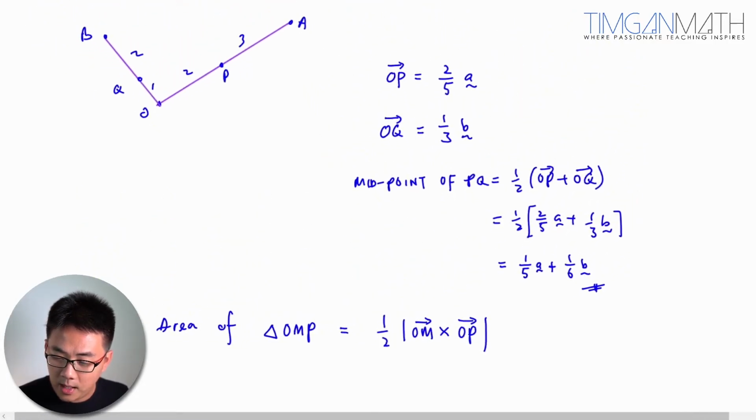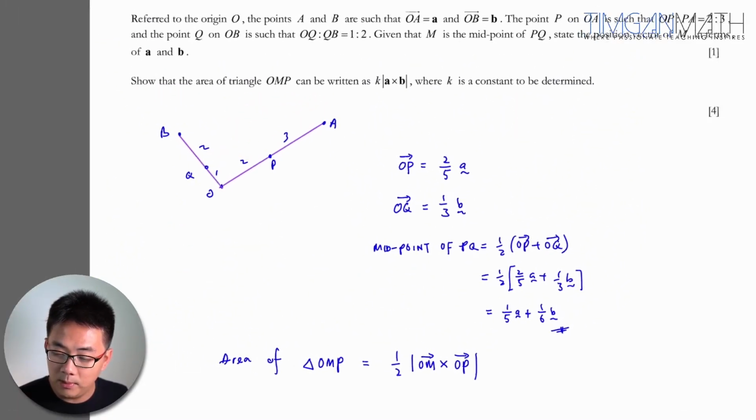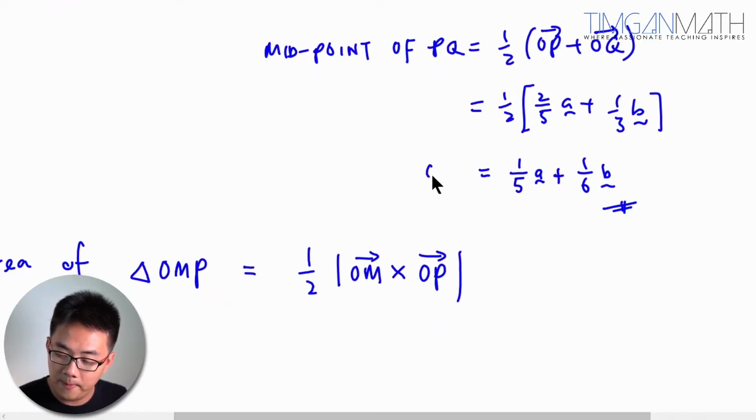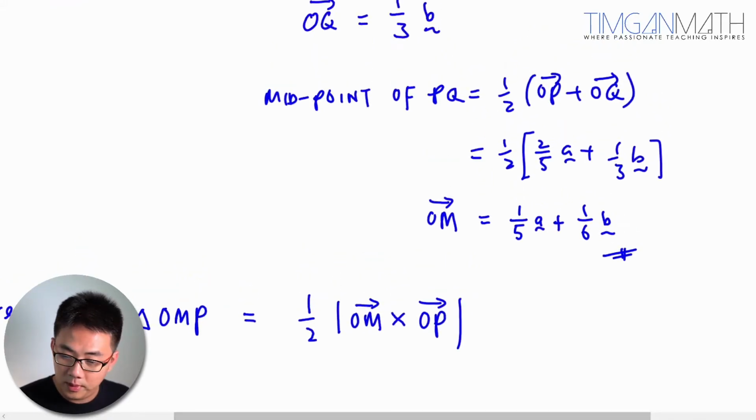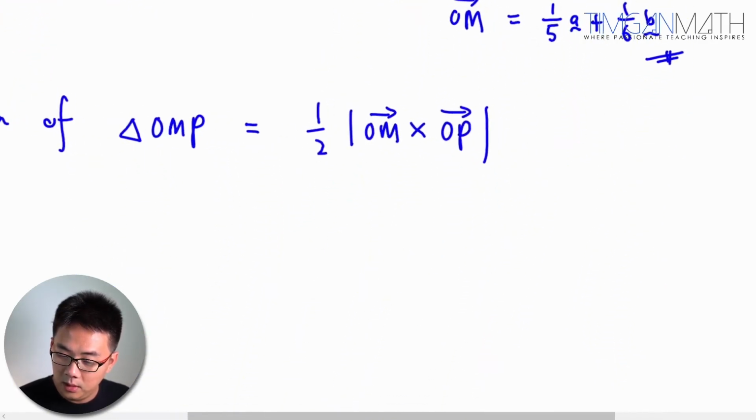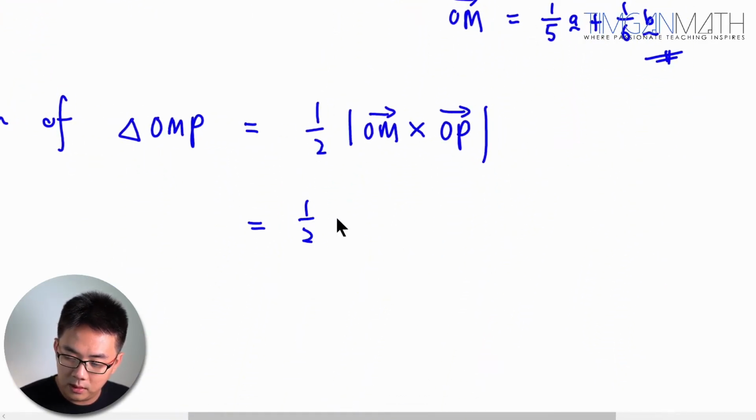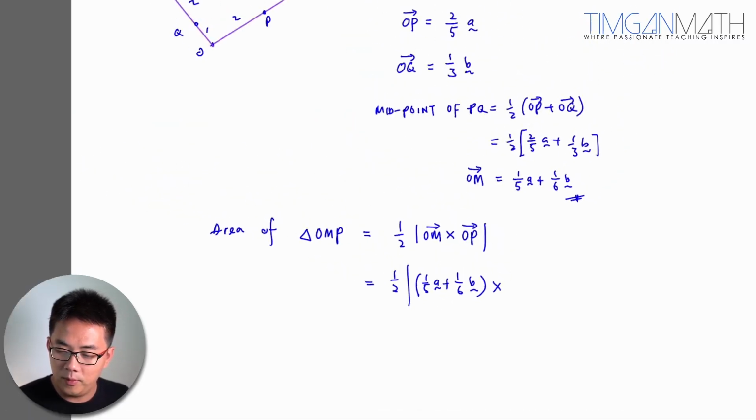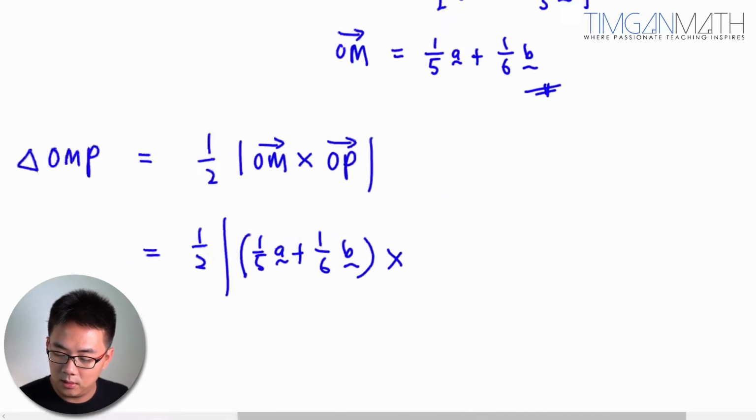OM is the midpoint of PQ that we found, and OP we found as well. So this is half of 1/5 A plus 1/6 B cross with OP, which is 2/5 A.